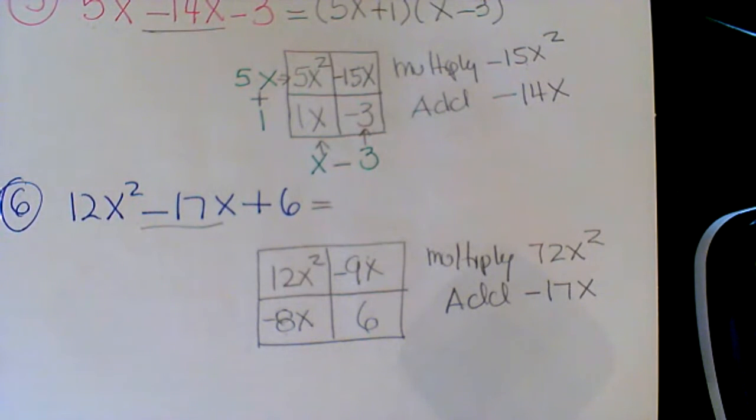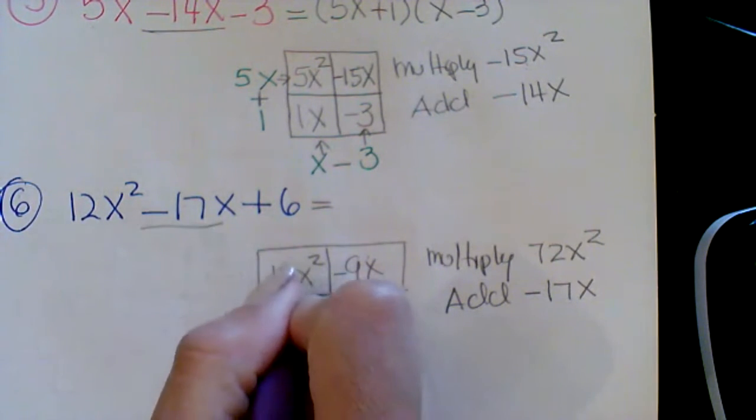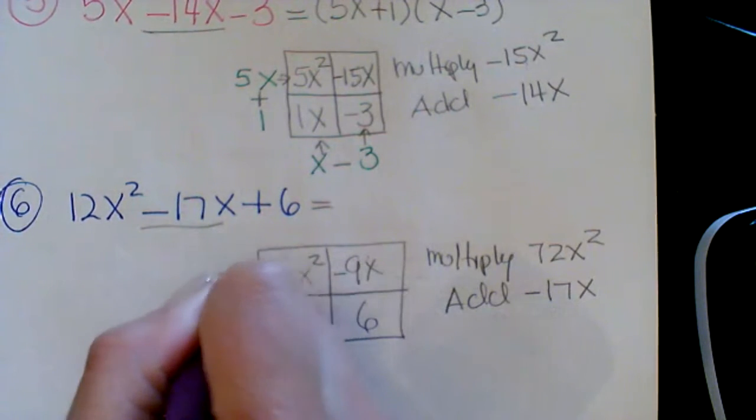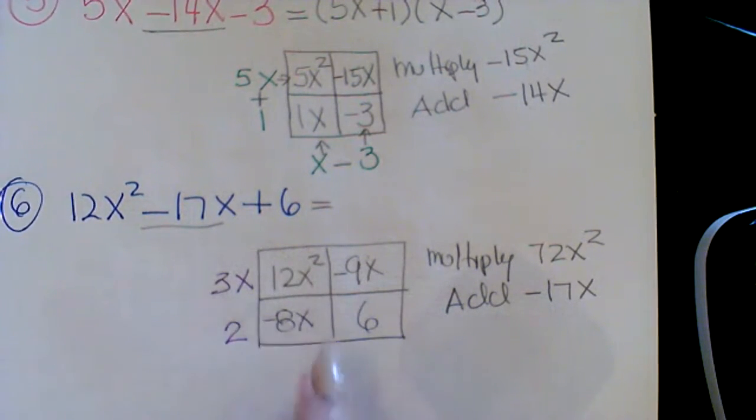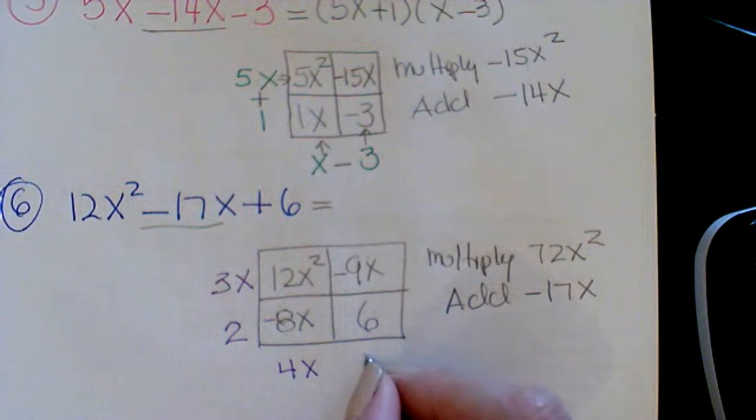Now, let's do the greatest common factor. Right here is going to be 4x. And in this one is just going to be the number 3. Let's do the signs.